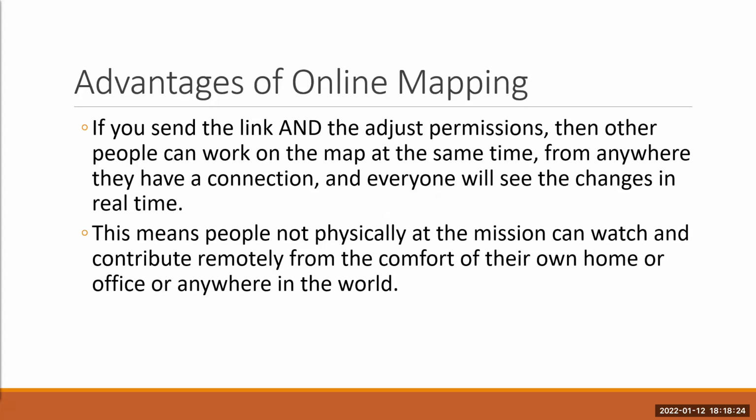Or they can just watch, which is a really cool trick, especially when you're out in the field in the command post working the search, but back there in town, the police chief, the sheriff, whoever, they want to know what's going on. You can send them a link to the map, and there's a couple different ways you can do it. So they can see what's going on out there, and you can just brief them over the phone. You're good to go. And they can continue to watch, feel like they're involved, but not be in the way, if you know what I'm saying.